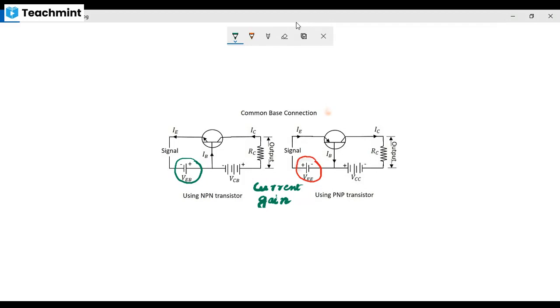The output current is IC and the input current is IE. So it is nothing but IC by IE.